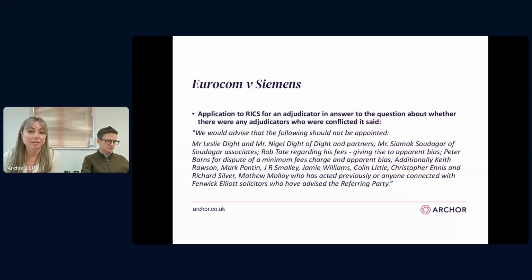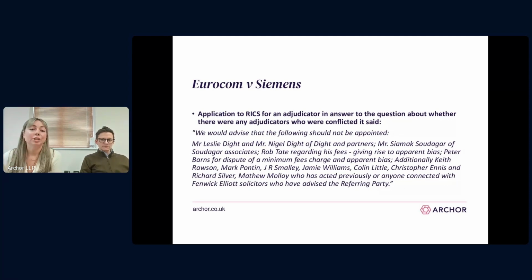The big one is Eurocom and Siemens. This involves significant issues regarding the appointment of an adjudicator and the implications of fraudulent misrepresentation in the adjudication process. The court held that there's actually an implied term that parties must not act dishonestly when applying for the nomination of an adjudicator.